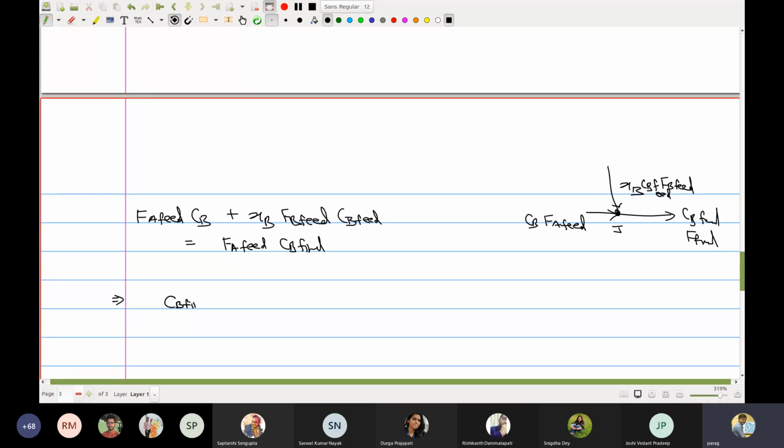CB final is equal to CB, I'm dividing both sides by FA feed, plus FB feed upon FA feed times XB times CB feed, right? This is my third model equation.